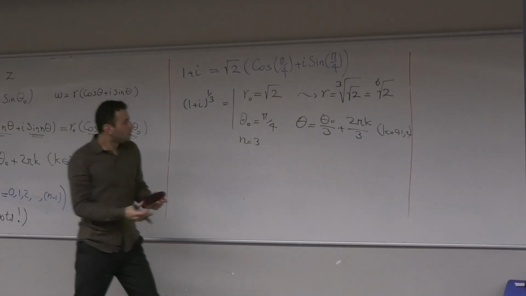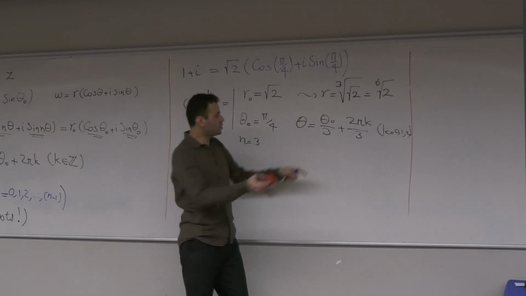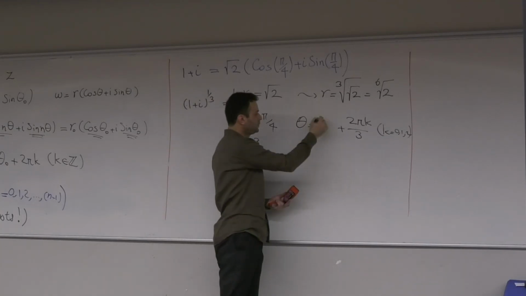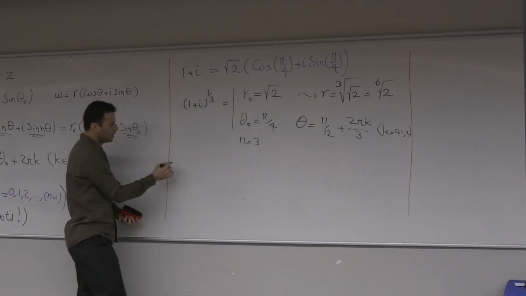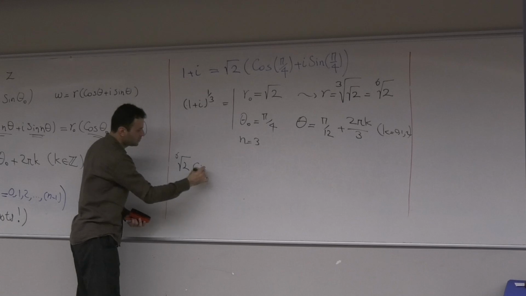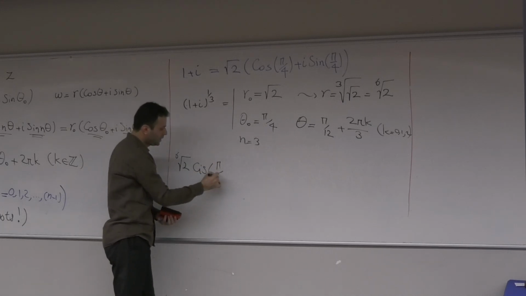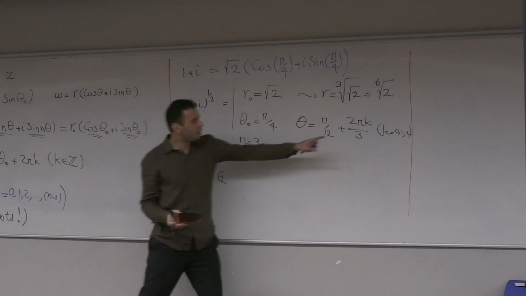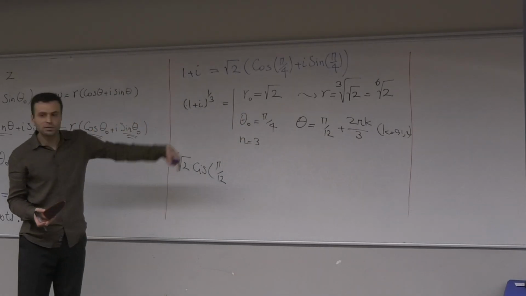Okay? So theta, pi divided by 4 divided by 3, is pi divided by 12. And the first root is going to be the sixth root of 2 CIS of pi divided by 12. Instead of k, if you write 0, what will happen? Just pi divided by 12.